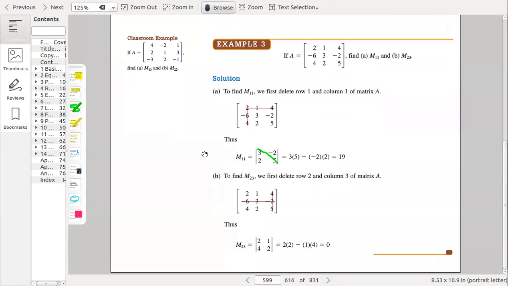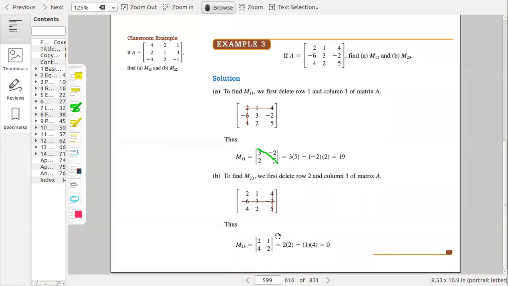Okay, so next is to find M23, the minor of the entry at position second row and third column. What is this entry? Minus 2. So we will delete the second row and third column. What will the matrix be? 2, 1, 4, 2.